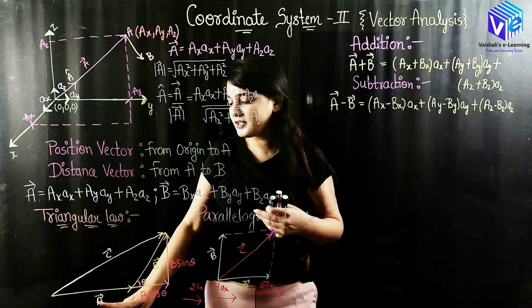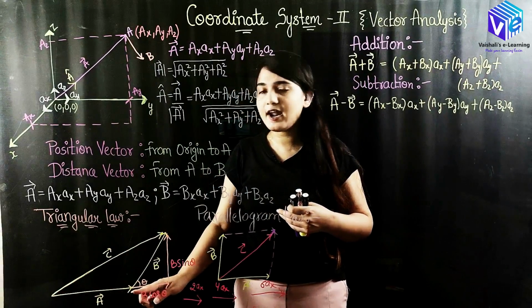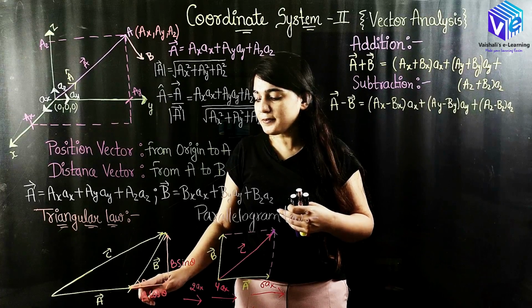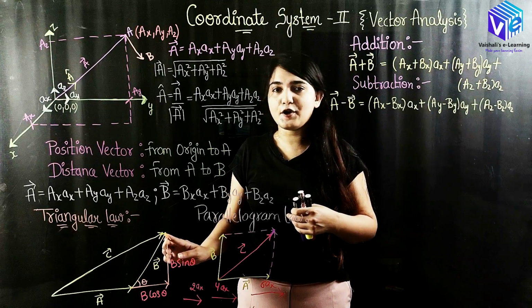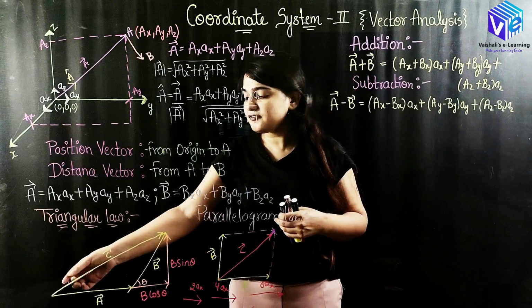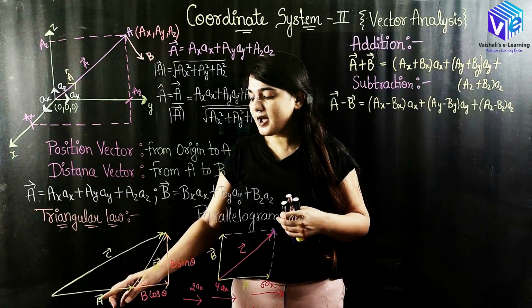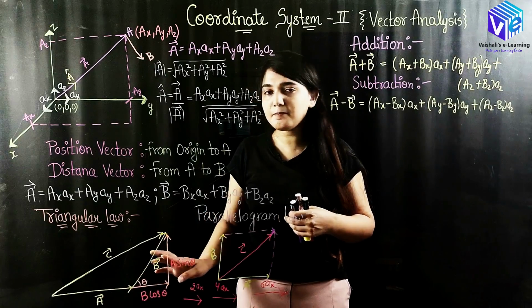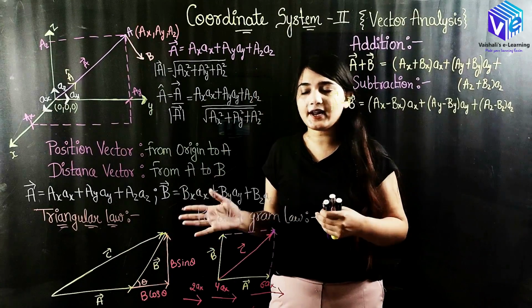So if I have this a vector, this is the tail of the a vector, this is the head of the a vector. From the head, we have the tail of the b vector, and this is the head of the b vector. So if the configuration is like this, now I have to add a and b. a and b are representing two sides of the triangle.